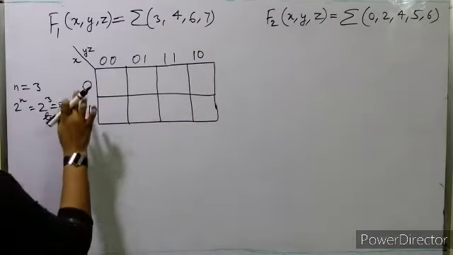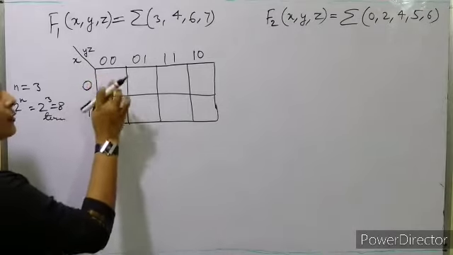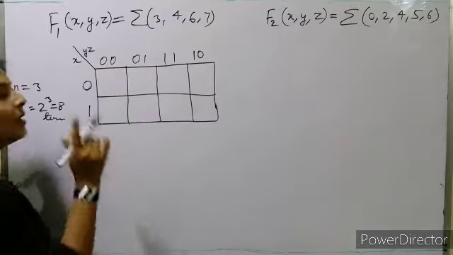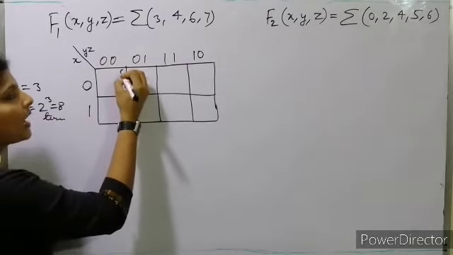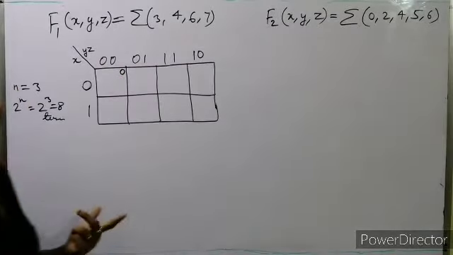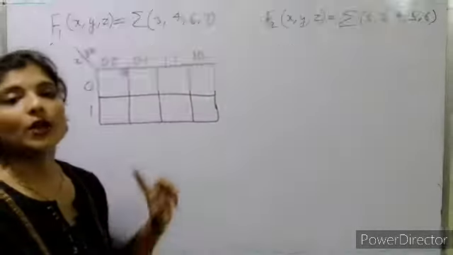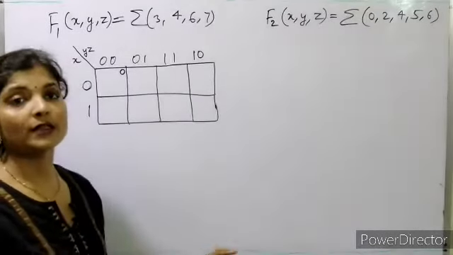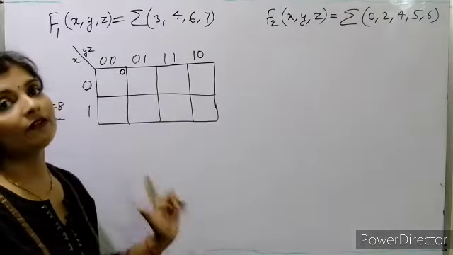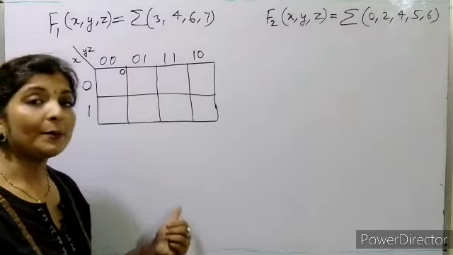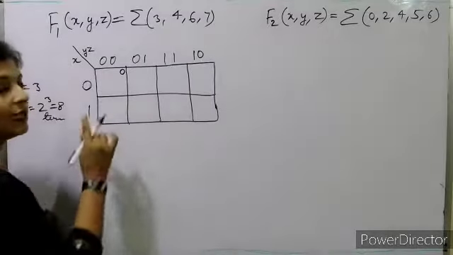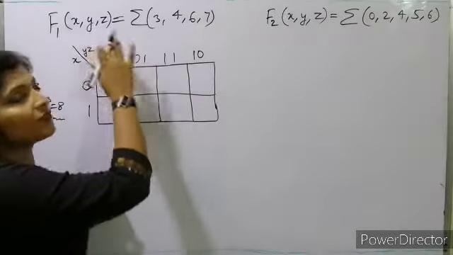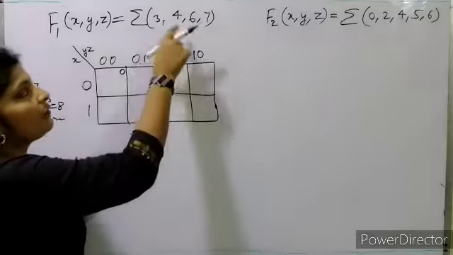So when we take this box, what is the value of this box? x y z is 0 0 0, meaning its value is 0. If it is 0, we can write the min term number in it. We'll write 1 in all the squares which are included in the function, for all the min terms included in the function. This function has only 4 min terms: 3, 4, 6, 7.